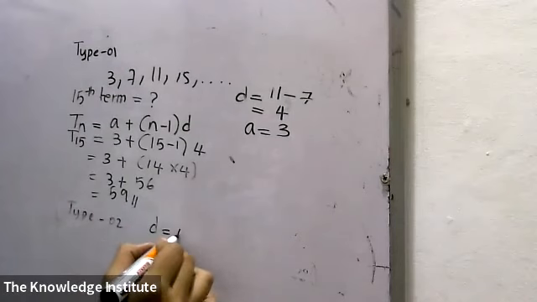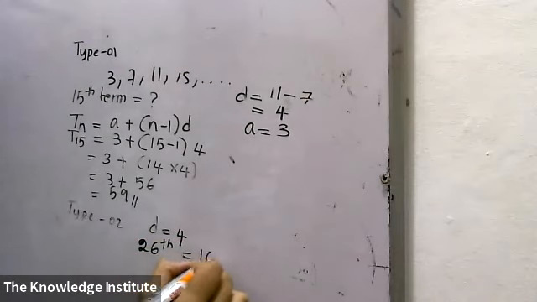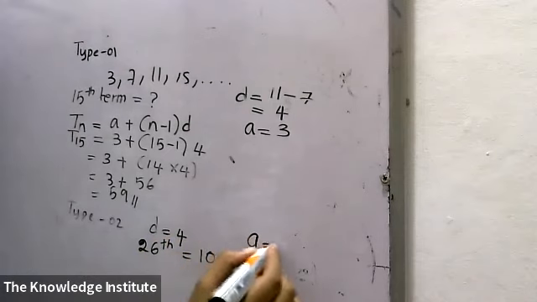The common difference they have given as 4. And they have given us a clue that the 26th term of this arithmetic progression is 106. What do we have to find now? a. What is the equation we are going to use, Riza?